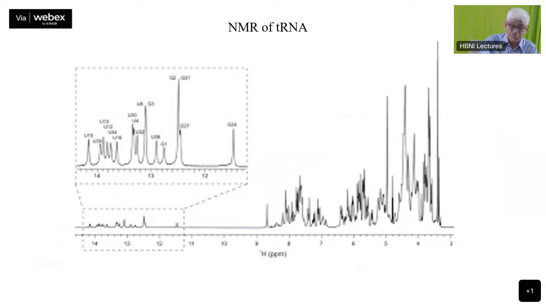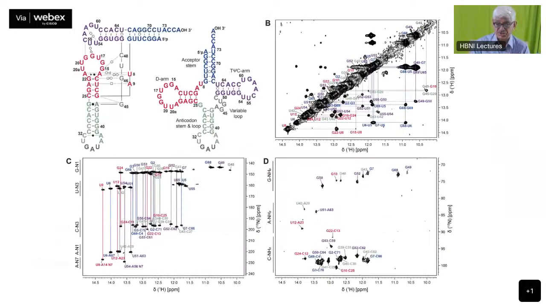All the imino protons are very clearly seen. You can identify the kind of structure that may be formed. Once this is identified, you can determine the distances from one imino proton to the next imino proton or to the sugar protons, and you can calculate the structure.